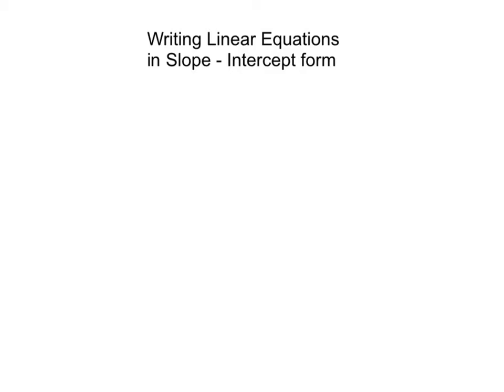We begin the chapter with a review of writing linear equations in slope-intercept form. As you might remember, slope-intercept form is y equals mx plus b, where y and x are our variables, m represents the slope, and b represents the y-intercept on the line.